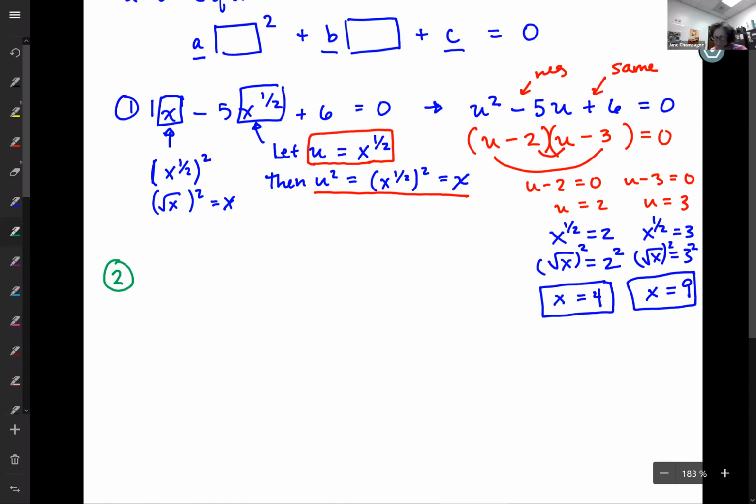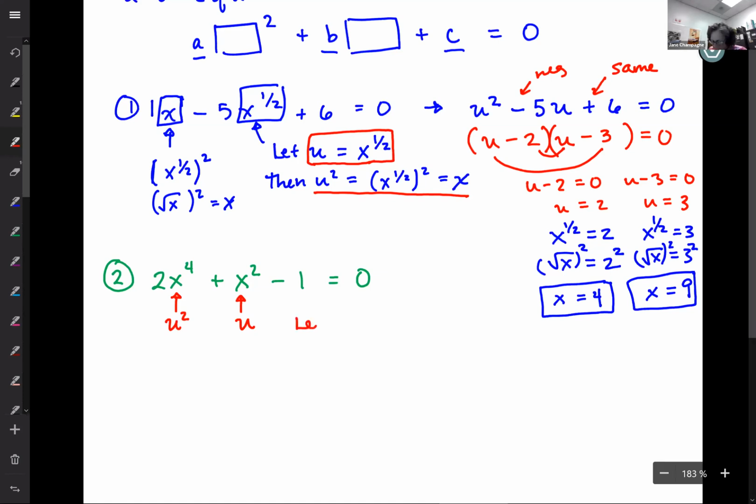Number 2. 2x to the 4th plus x squared minus 1 equals 0. Okay, so you want to notice again that if you let u be the middle guy, that u squared would be x to the 4th, right?